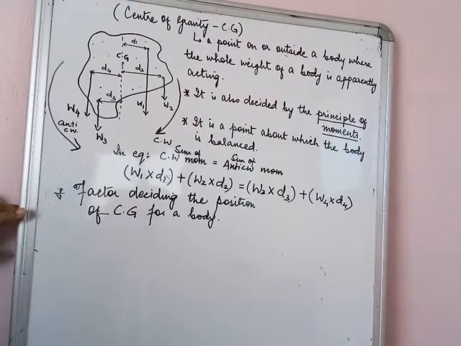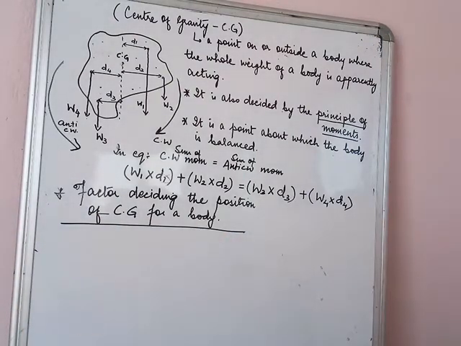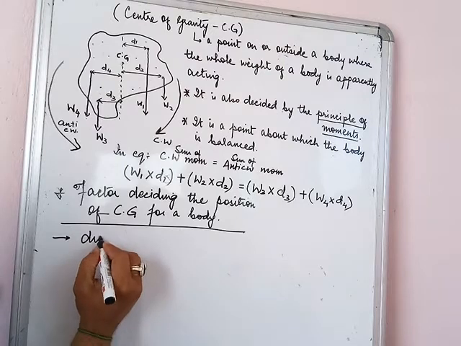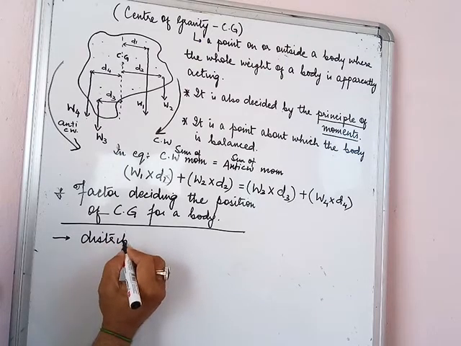What do you think can be a factor that can decide where the center of gravity will be for a body? Obviously it is going to be the distribution of mass.